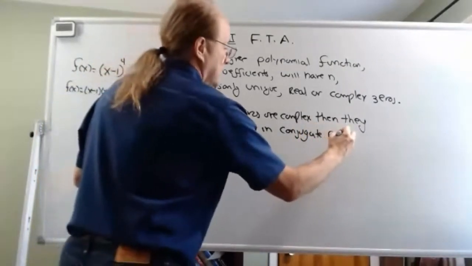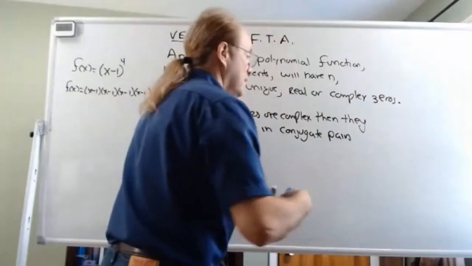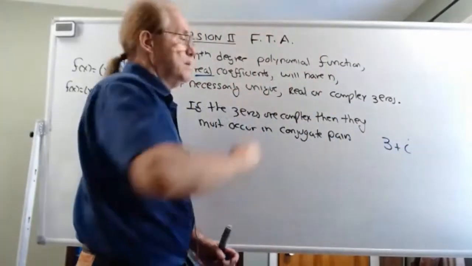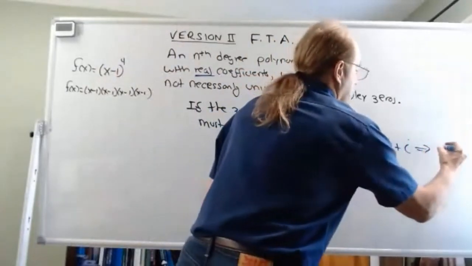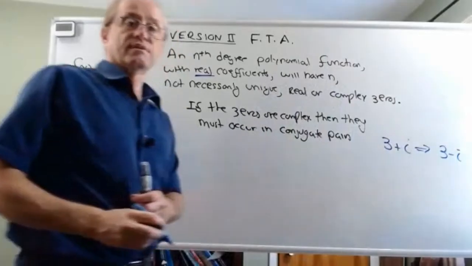Meaning if 3 plus i is a 0, that implies that 3 minus i also must be a 0.